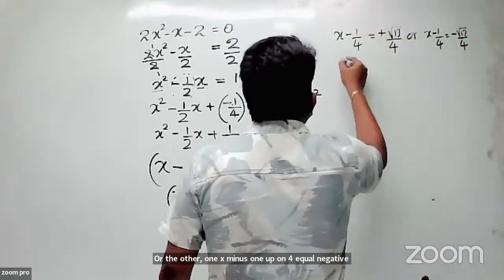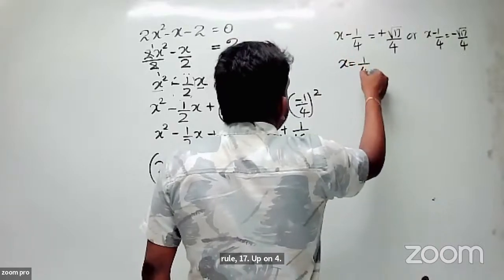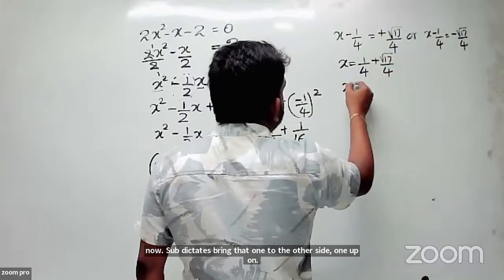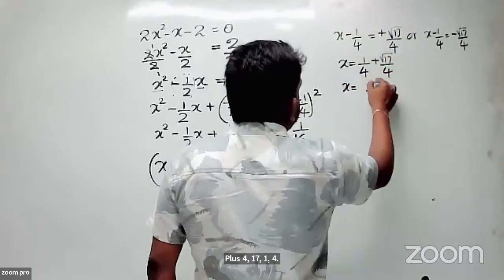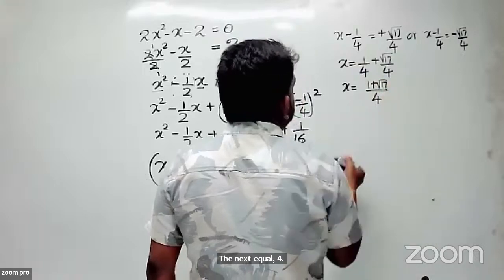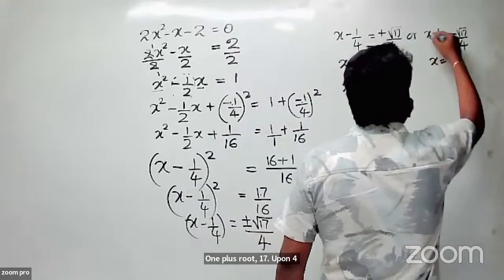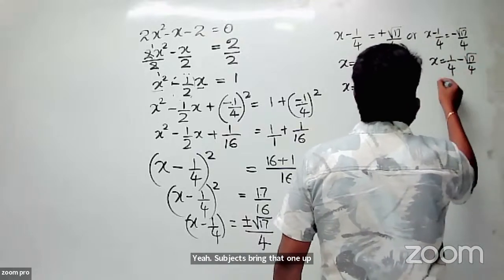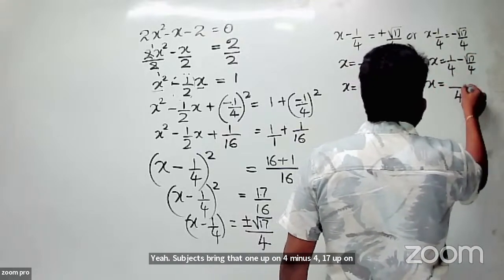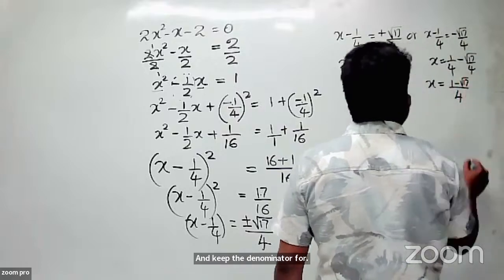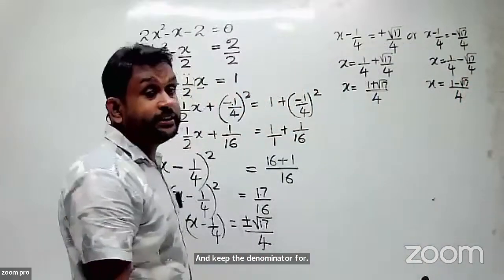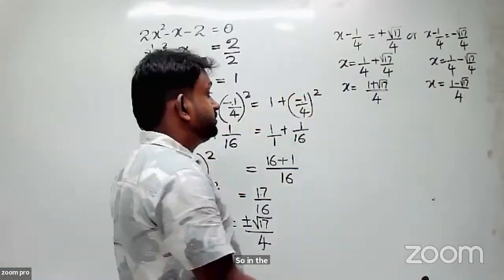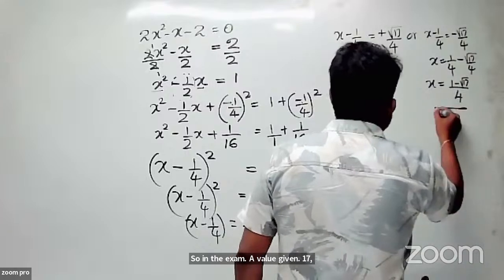Now make x the subject: bring that to the other side, 1 upon 4 plus root 17 upon 4. Then x equals 1 plus root 17 upon 4. Here for the other one, x equals 1 upon 4 minus root 17 upon 4, keeping the denominator 4: 1 minus root 17 upon 4. So in the exam, if a value is given for root 17, substitute that and take the answer.